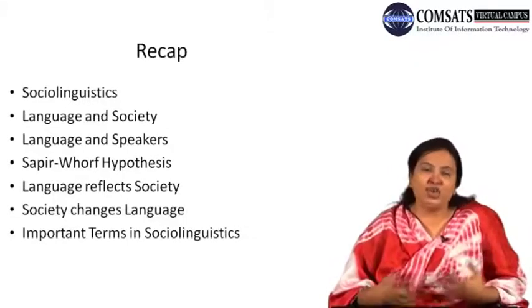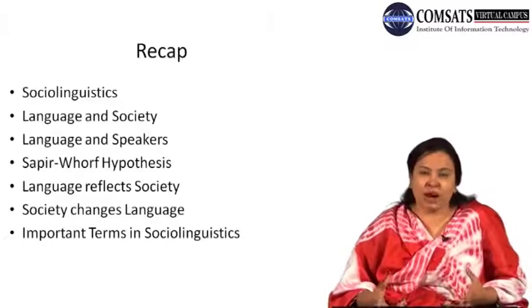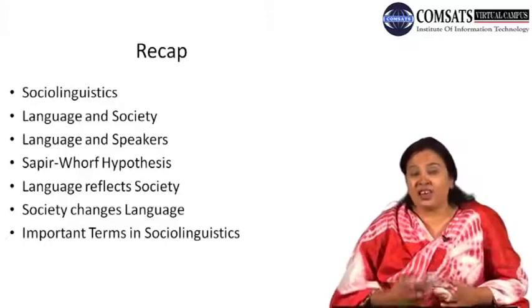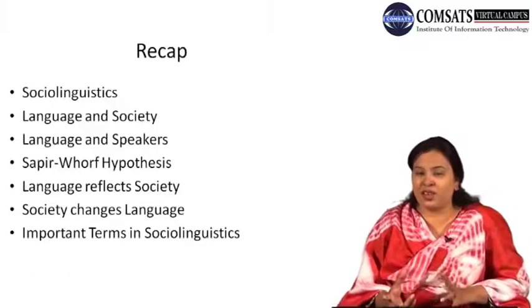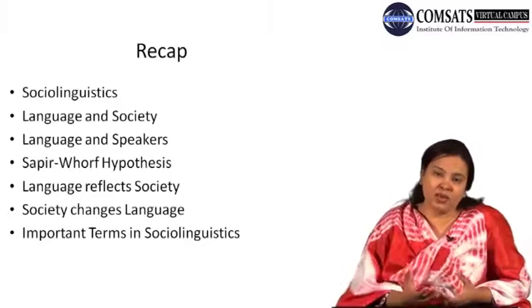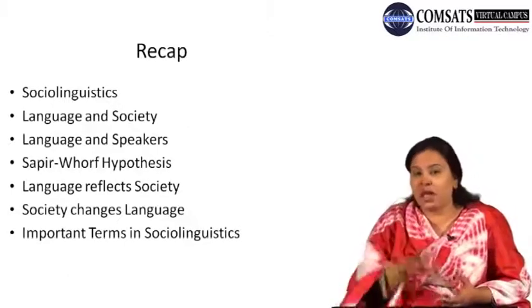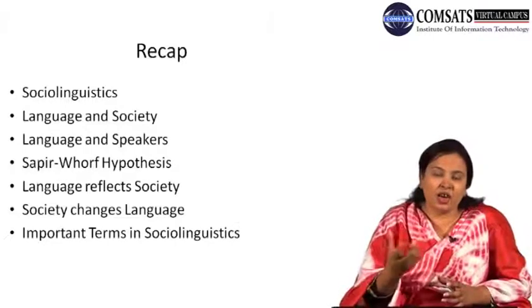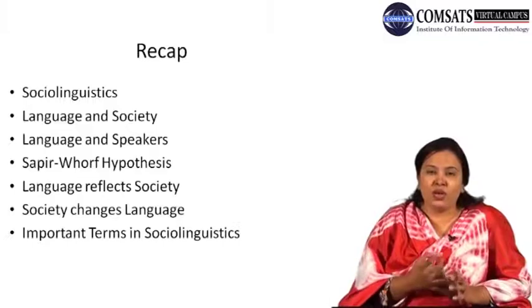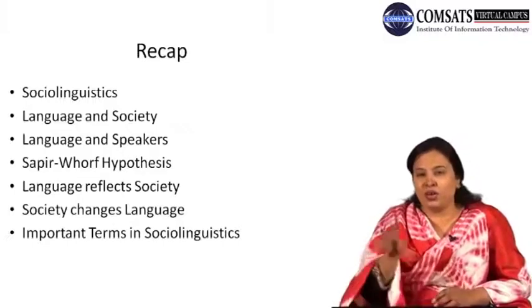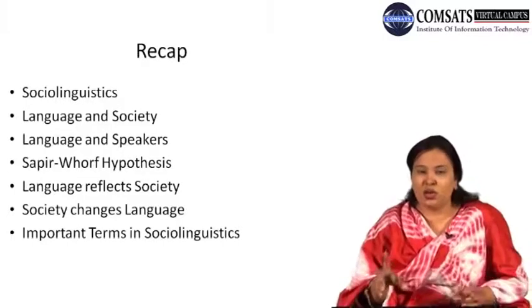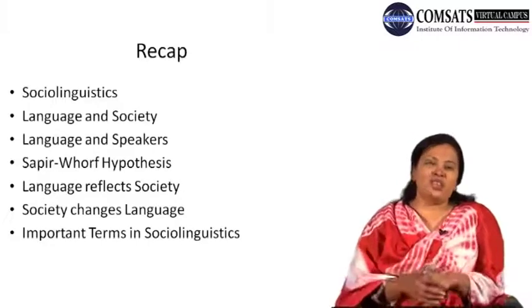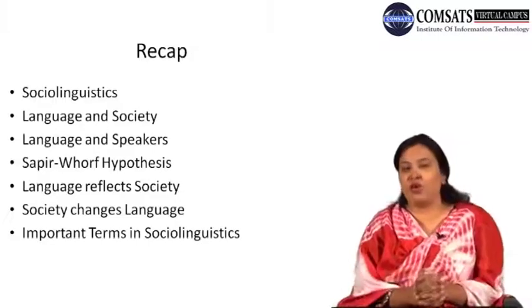And we have seen that language is not just a part of society, rather it reflects the whole society. According to the Sapir-Whorf hypothesis, if you remember, we think along the lines laid down by our language. So we are bound to think about a society according to the language it uses. This way the language mirrors a society according to Sapir and Whorf.